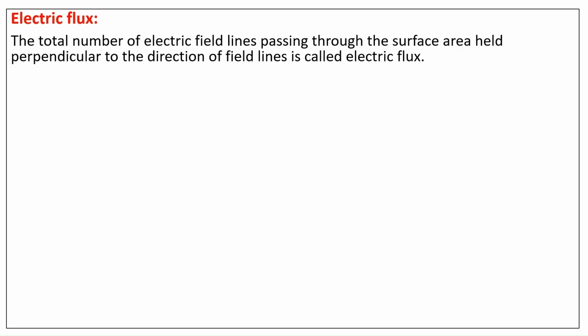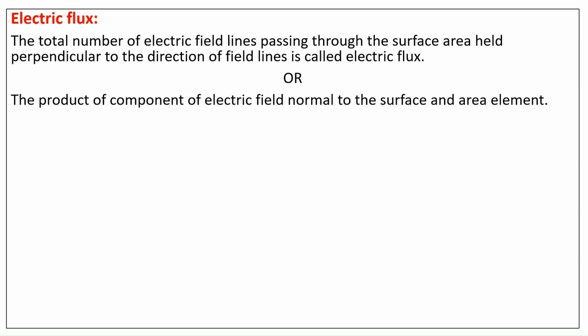Electric flux. The total number of electric field lines passing through a surface area held perpendicular to the direction of the field lines is called electric flux. Or the product of the component of electric field normal to the surface and the area element.